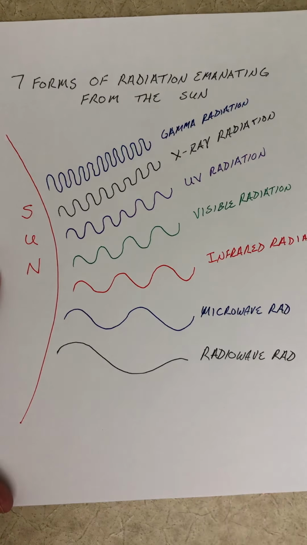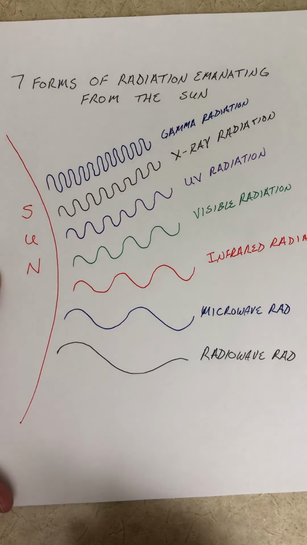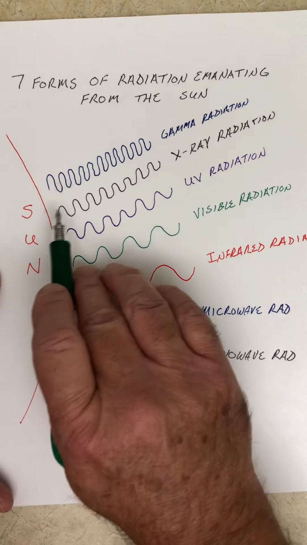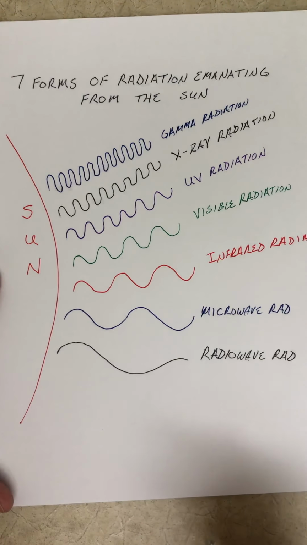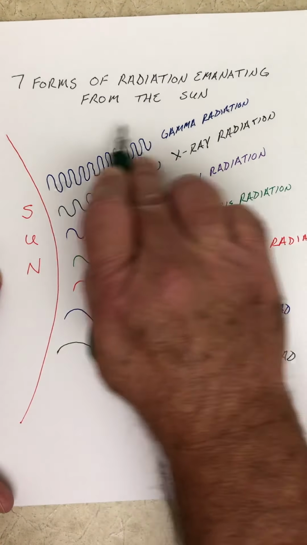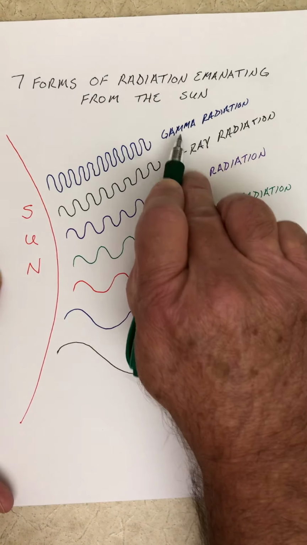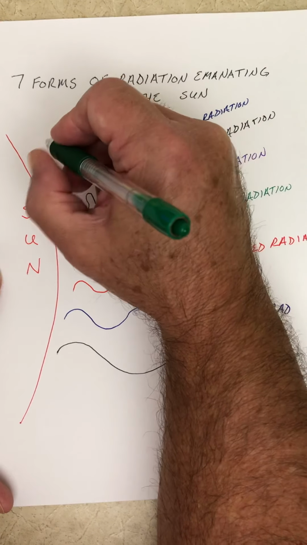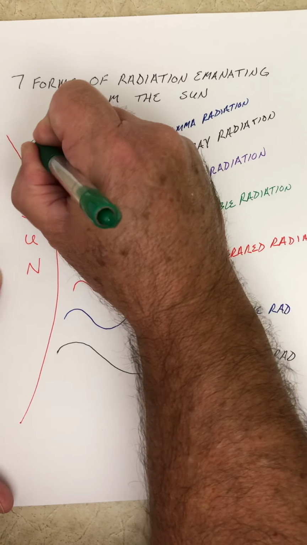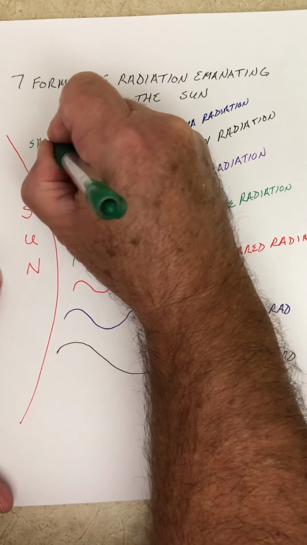So let's apply some of the concepts that we learned before. Okay, and so on the previous video we had said that the shorter the wavelength, the higher the frequency, the higher the frequency, the higher the energy content. So we're looking at this end of the scale here, gamma rays, X-rays, and ultraviolet. These are going to have the shortest wavelength.